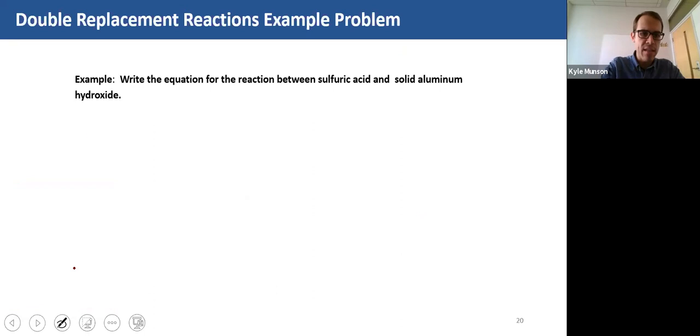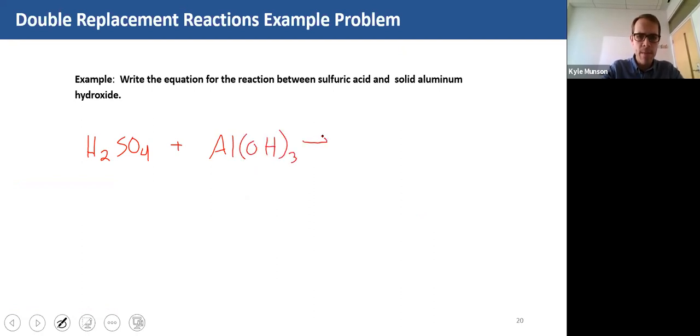But sulfuric acid is shown here. I'll just write it down. Okay. Plus aluminum hydroxide. All right. So why don't you pause the video, do this one on your own, and then we'll go through it together.